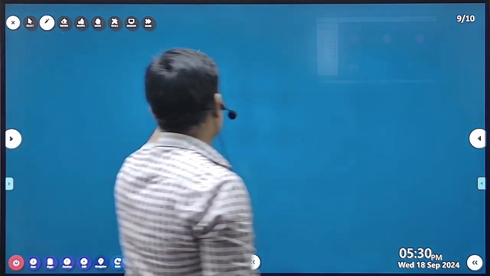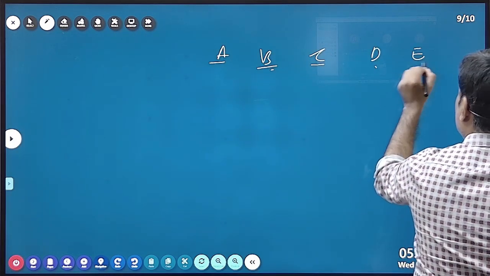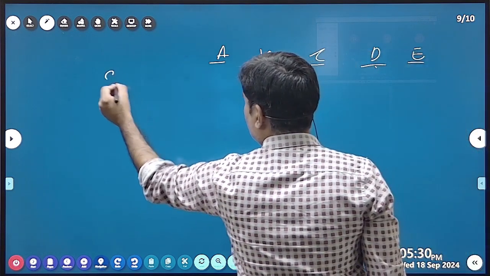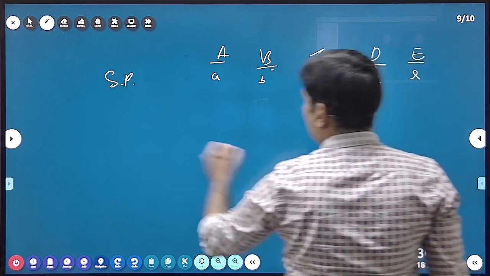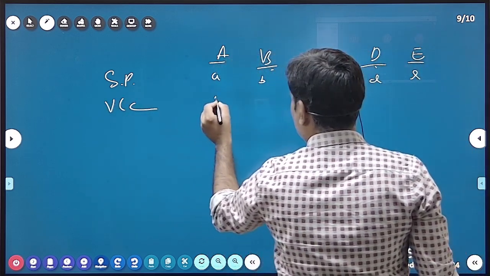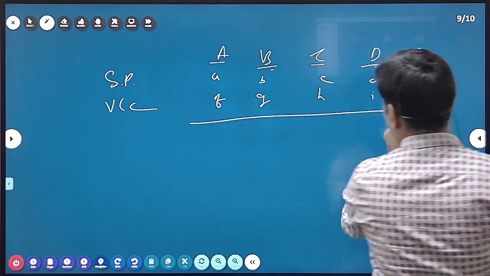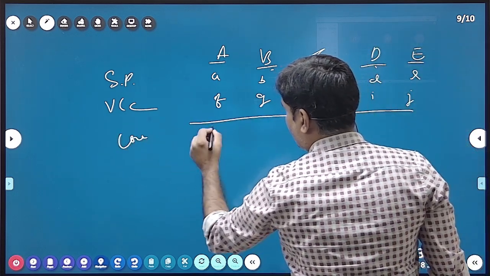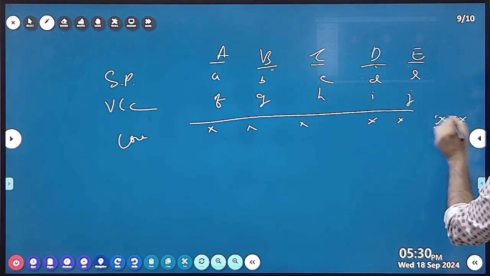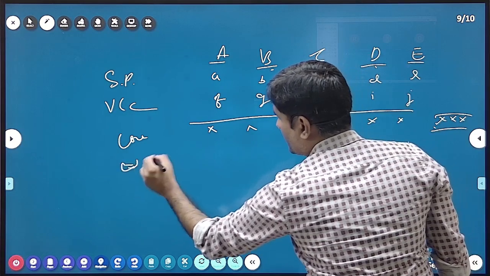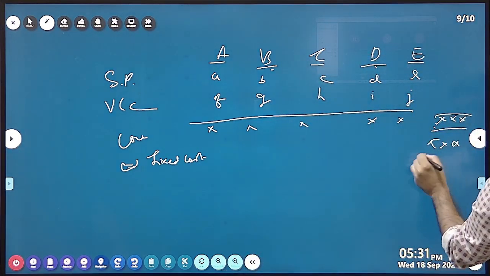If there are four or five products being manufactured in the industry, it will take the selling price, less variable cost, and find the contribution for each product. Then the total of contribution, less fixed cost, gives the profit.